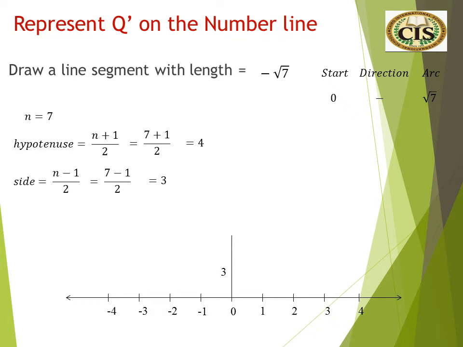Using the compass, open it 4 centimeters as the hypotenuse length, put the compass on the perpendicular line and draw the arc to the left. Why to the left? Because we want to represent a negative number. The arc intersects the number line at negative root 7.